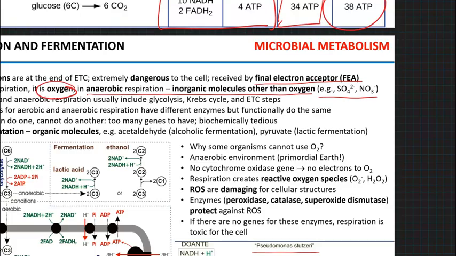Yes? Now, anaerobic respiration will always produce less ATP than aerobic. I'm not going to go into the chemical reasons for that. I want you to think this way.